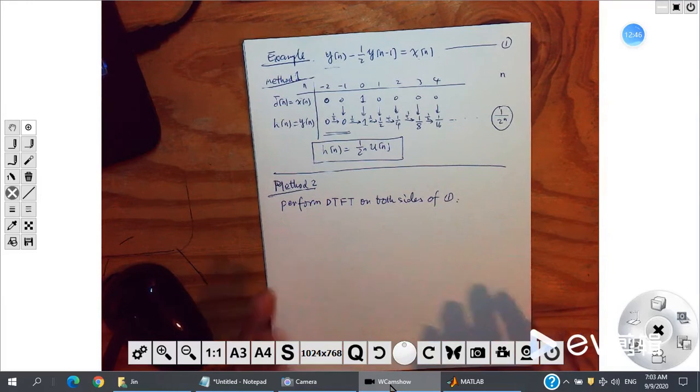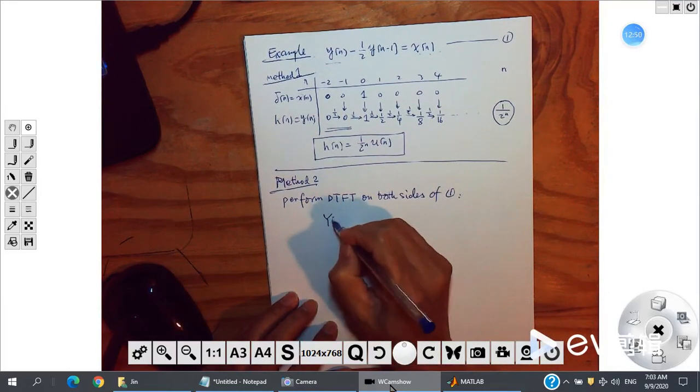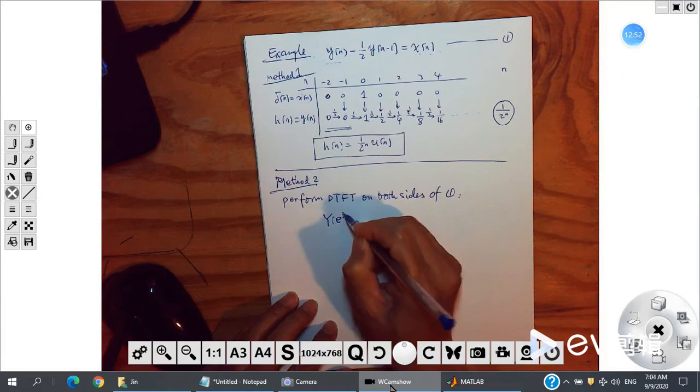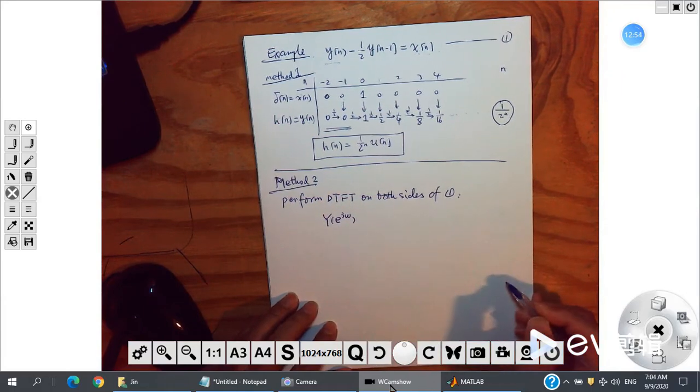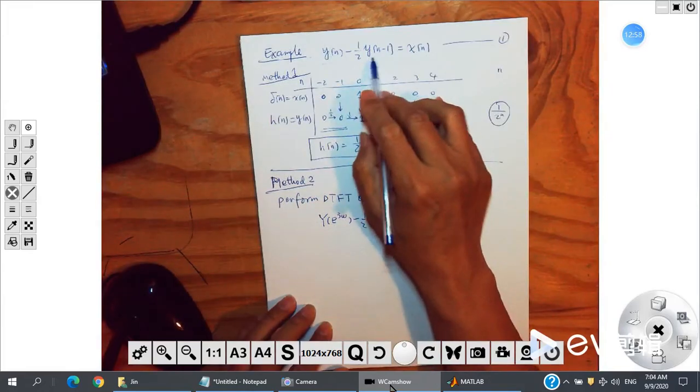Now, what will be the result? There will be Y of e to the j omega, right? This is Y. And minus half of, okay, we have a shift. Here's a shift of y.